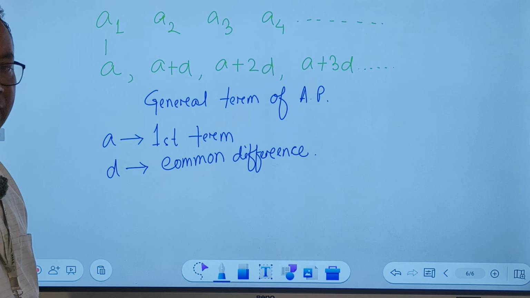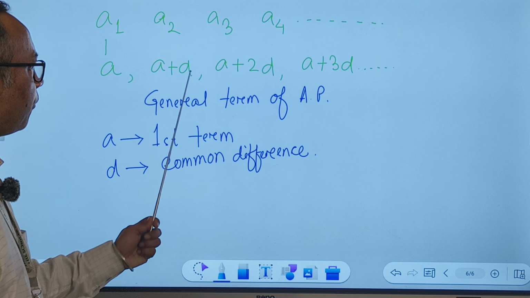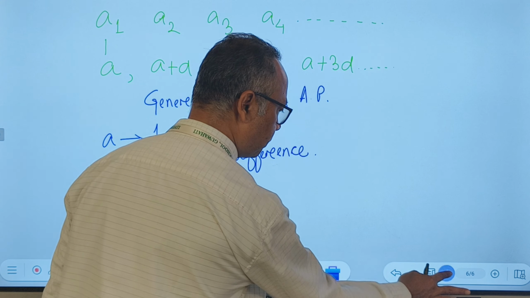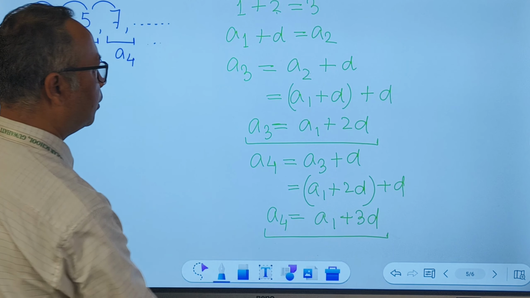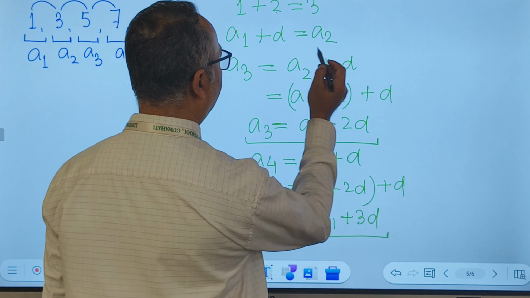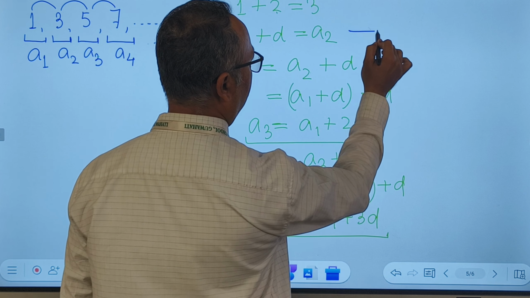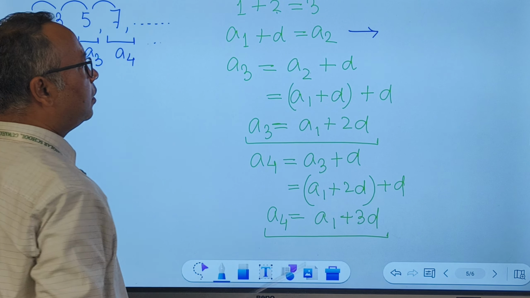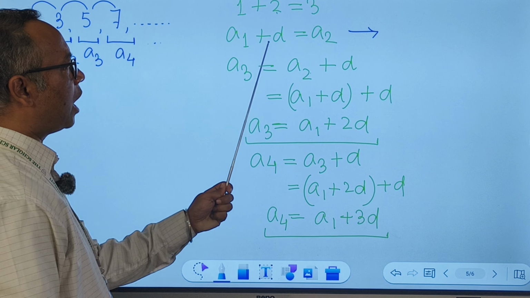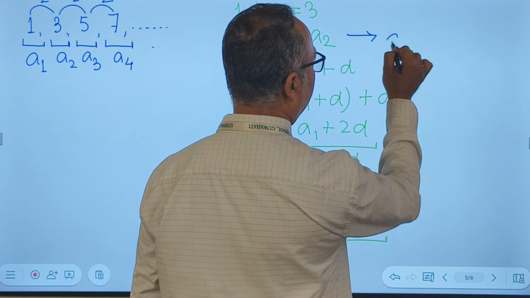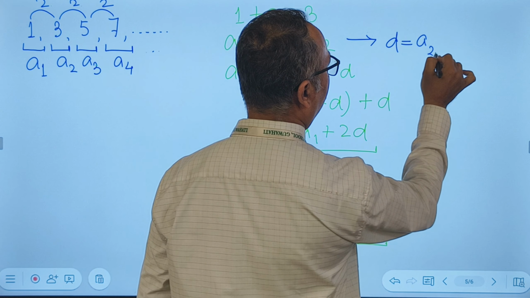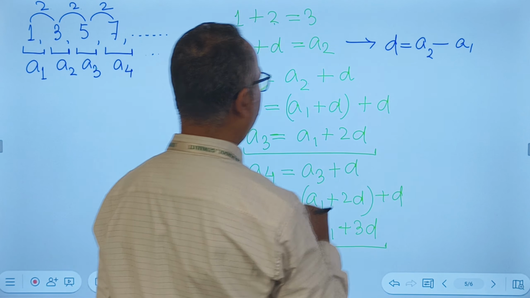And as I have already told you, how to find D? From here also, A1 plus D is equal to A2. So how to get D? D is A2 minus A1.